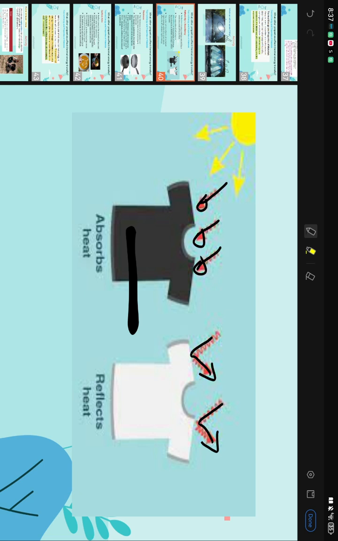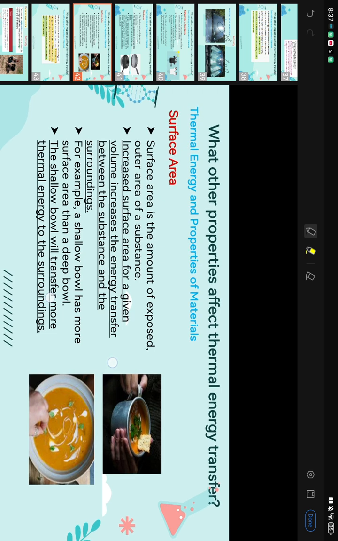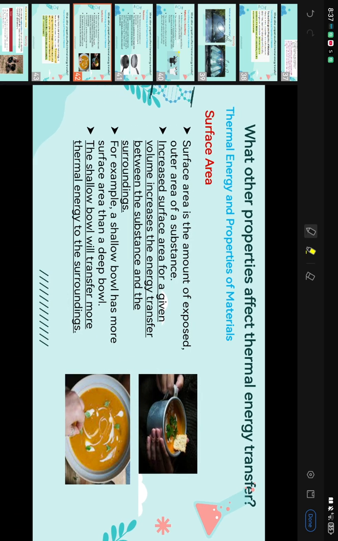Okay, so if we want to speak about surface area, the meaning of surface area is the amount of exposed outer area of a substance. If we increase the surface area for a given volume, that increases the energy transfer between the substance and the surroundings.